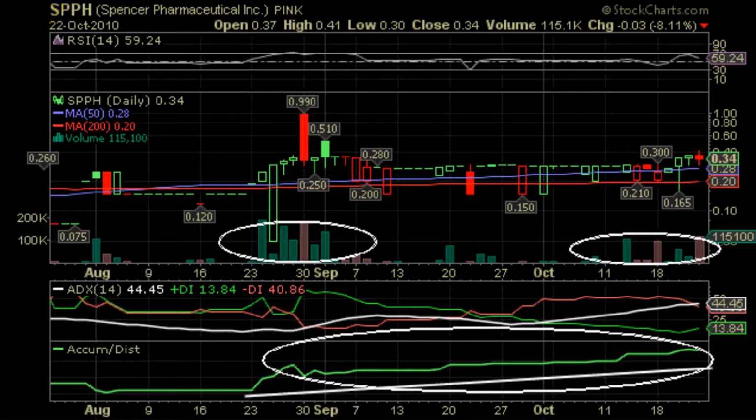Last but not least, the last indicator we'll look at is the RSI. As we can see, the RSI is at 59.24, which is a bullish RSI, and it's also coming down from the highs, which is good. A bullish RSI at 59 means that the stock is charged and it's moving upward.